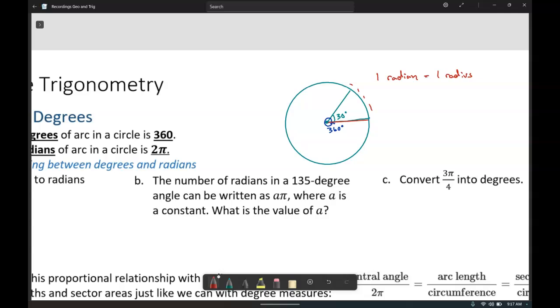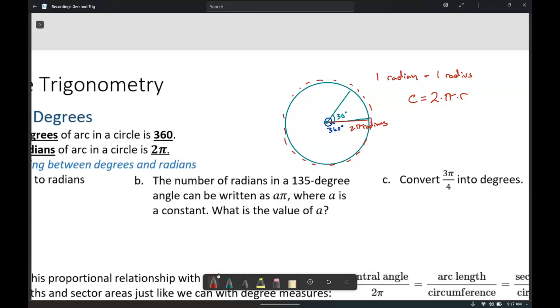If you think back to your geometry days, when you were learning about circles and the formulas for circumference and area, our circumference formula utilizes the fact that the distance around is 2 pi radians, and 1 radian is equal to 1 radius: 2 pi times the radius. And so a full rotation is 2 pi radians.